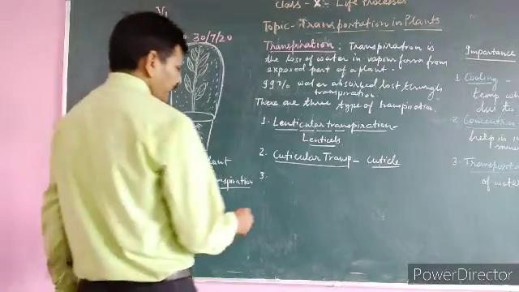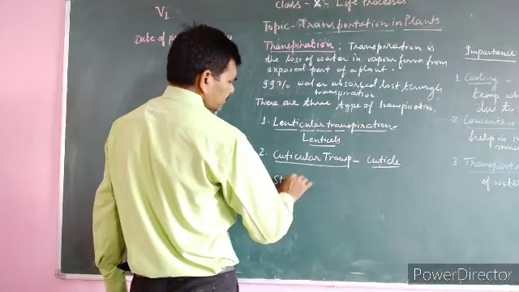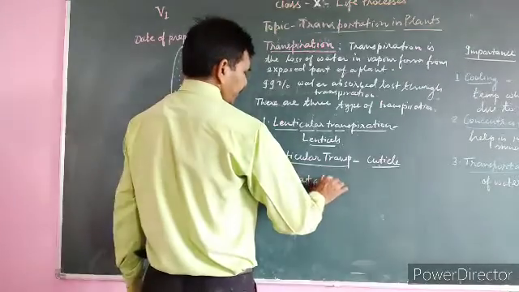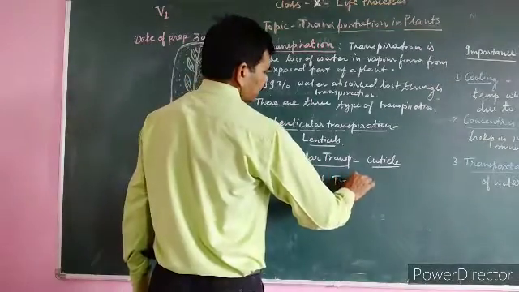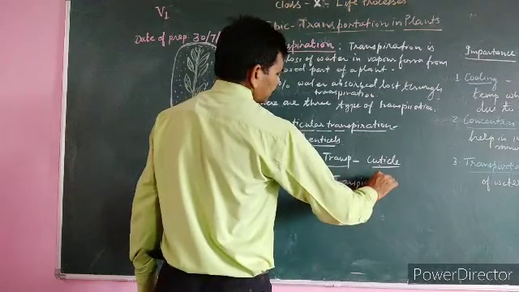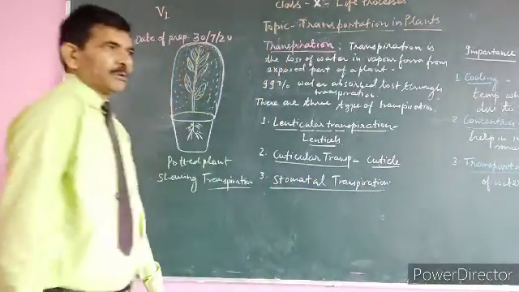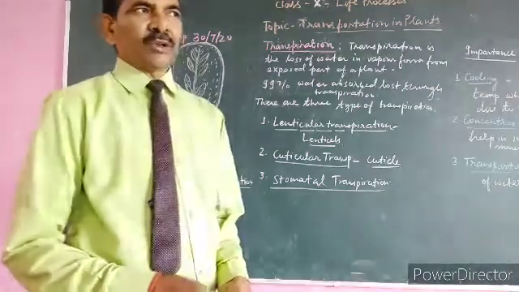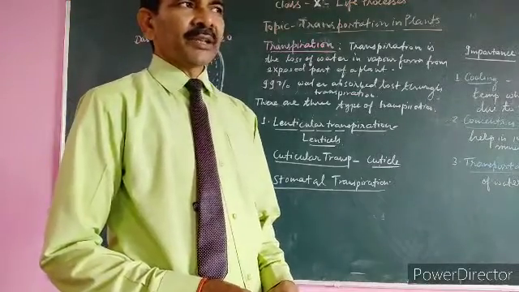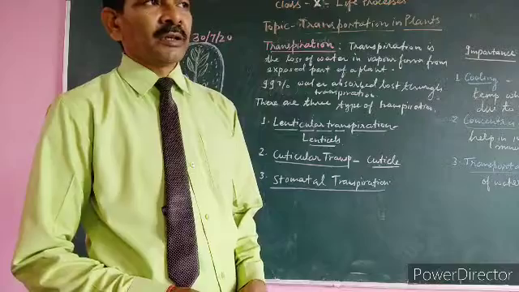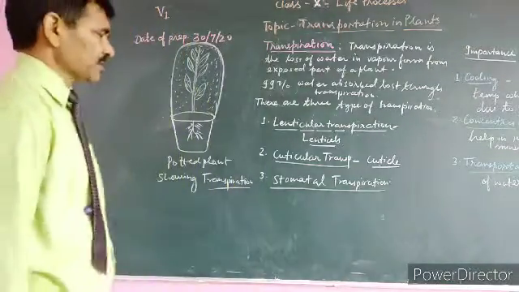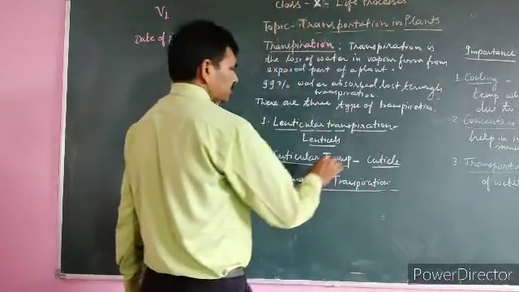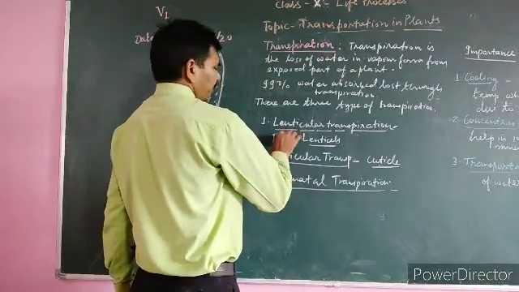The third type of transpiration is stomatal transpiration. It forms the major part of transpiration. Loss of water in the form of vapor through stomata present on the surface of leaves or other green parts of the plant.